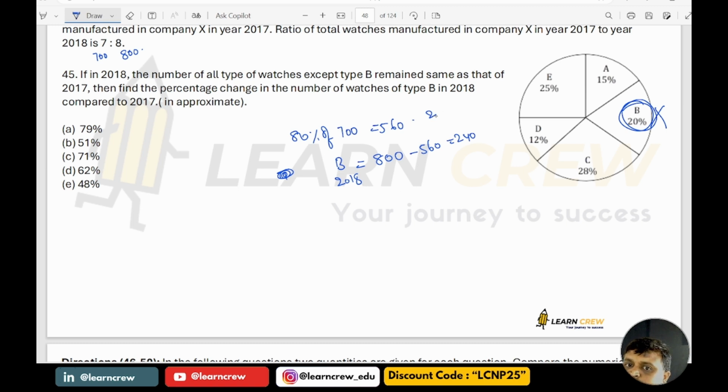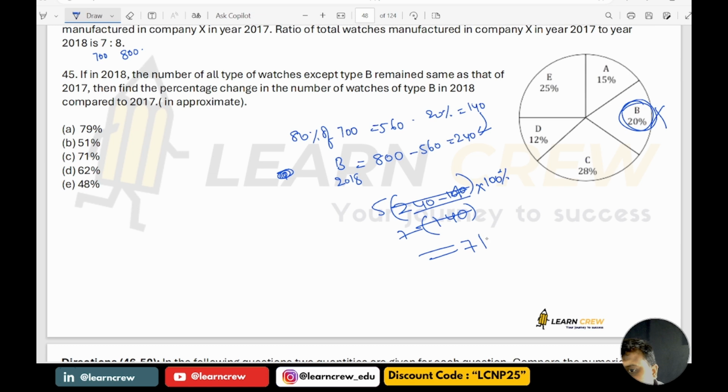Earlier 20% is 140, okay, 140 becomes 240. The difference is 100 on 140. 100 on 140 is how much percent? So here 2 5s are 10, 2 7s are 14, so 50 by 7. So it is 71 and 4 by 7. So 71% approximately. So the answer is option C.